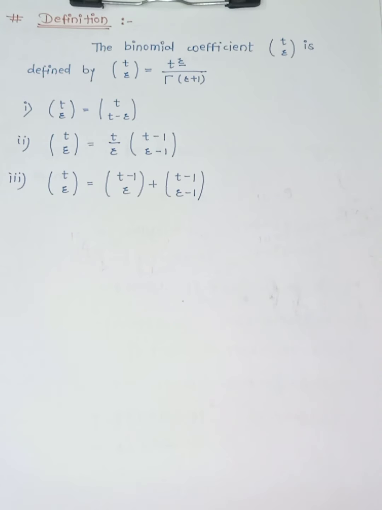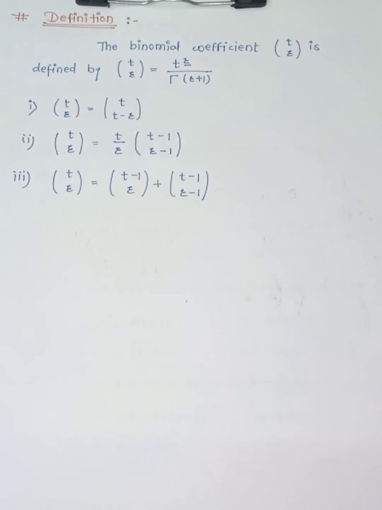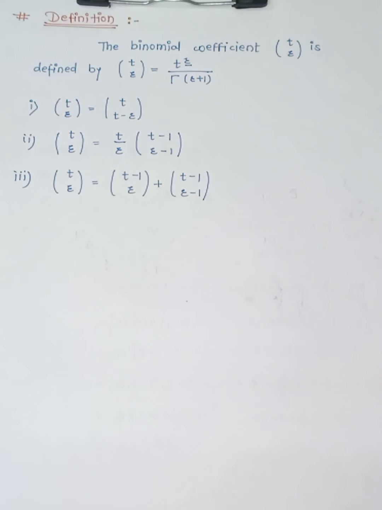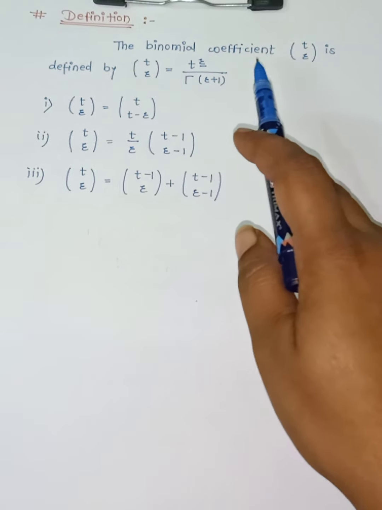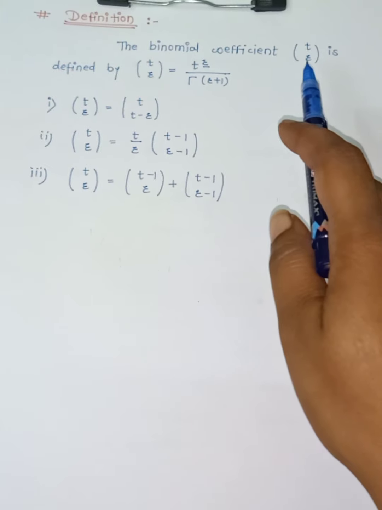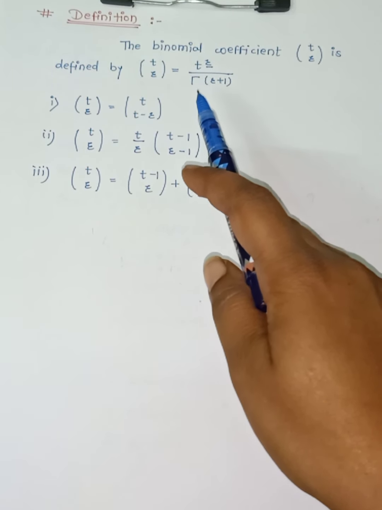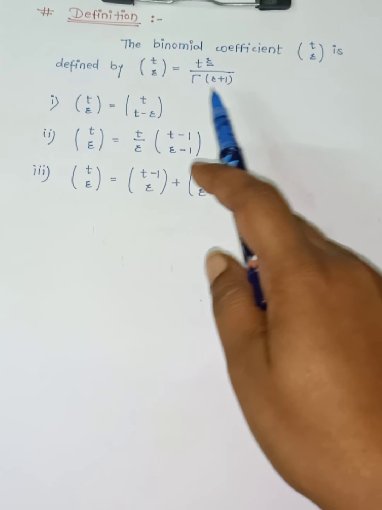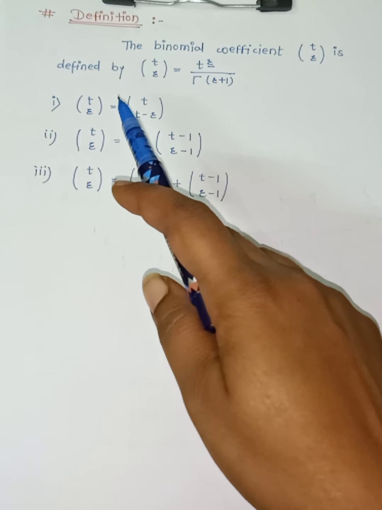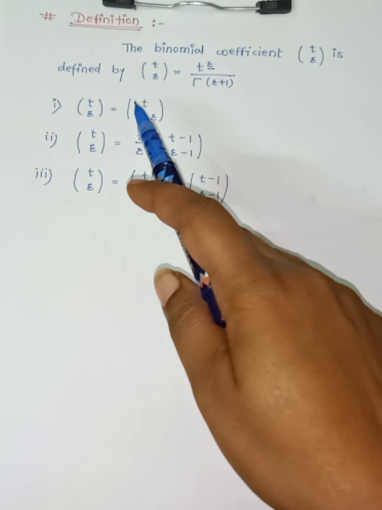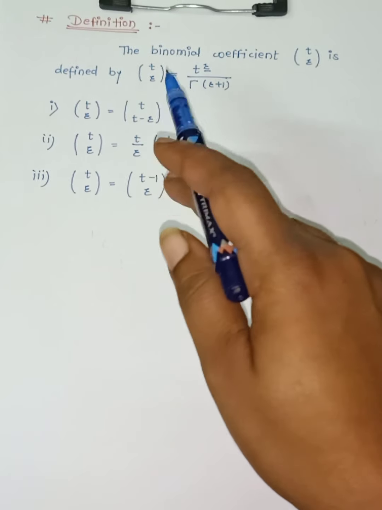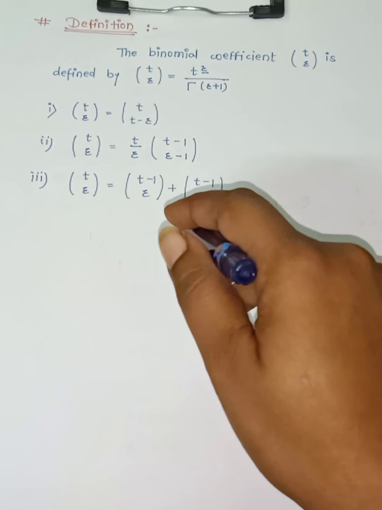Now next we are going to see the definition of the binomial coefficient. The binomial coefficient tCr is defined by tCr equals t to the following r upon gamma of r plus 1. And when you go through the 11th class books, you will see all these three properties.